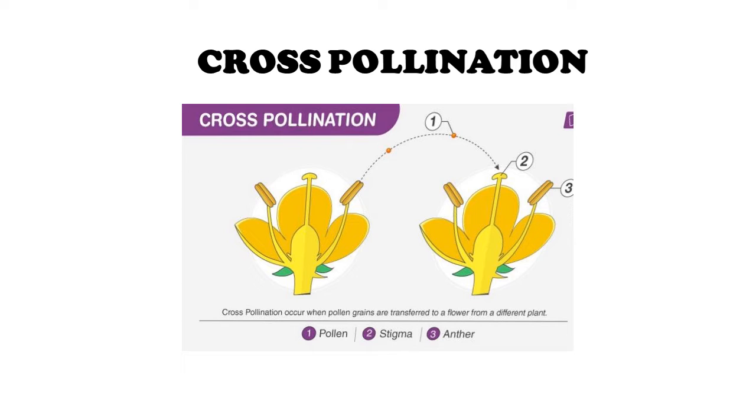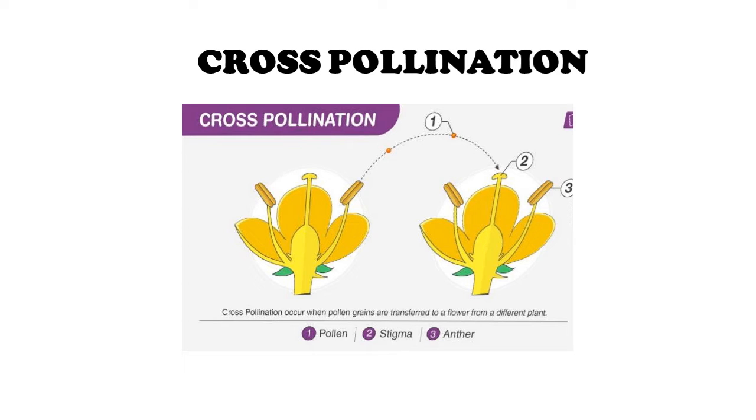Okay, now let's see the difference between self-pollination and cross-pollination. First, self-pollination is the transfer of pollen grains from the anther to the stigma of the same flower.